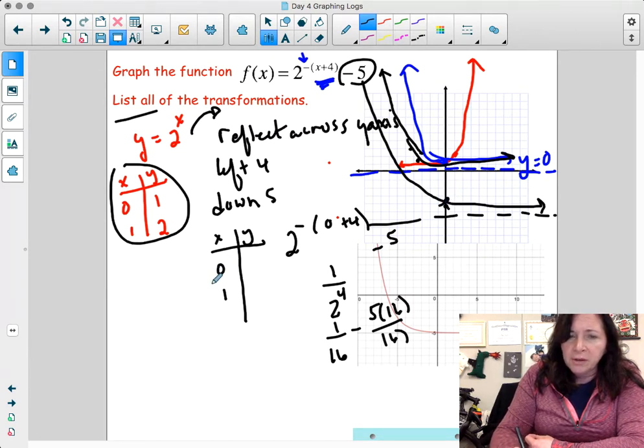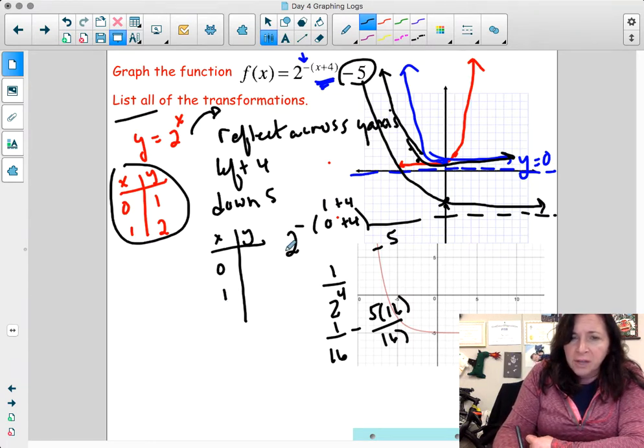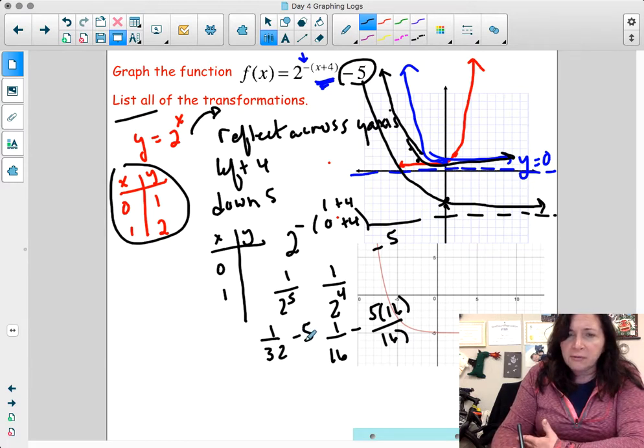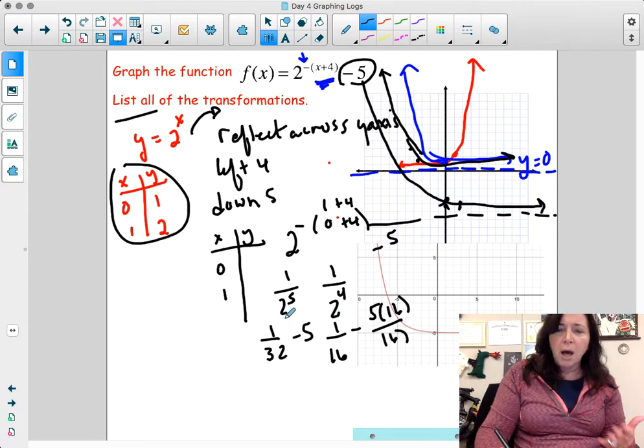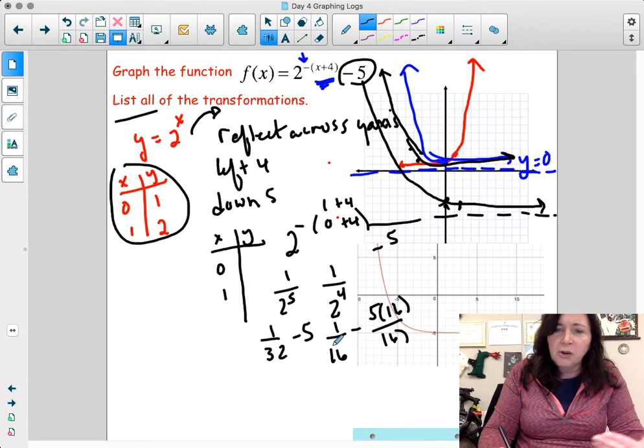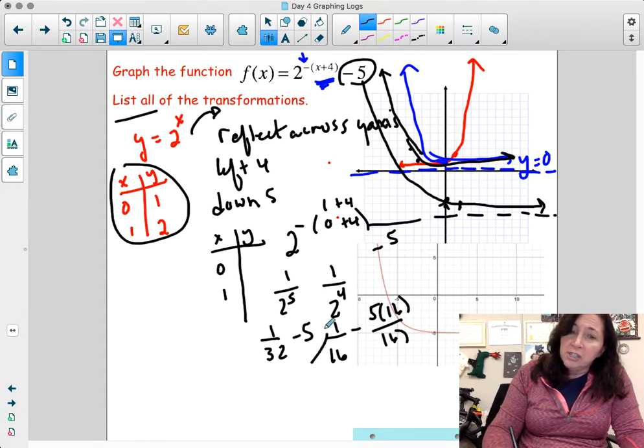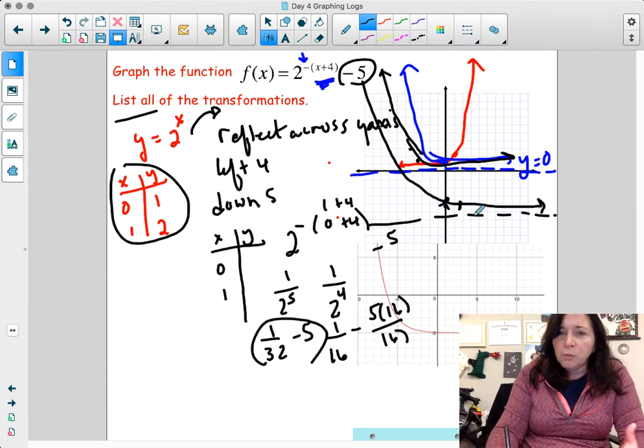And then likewise, if I want to plug in 1, I would go 1 plus 4 is 5. 2 to the negative 5 power is 1 over 2 to the positive 5 power, which is 1 over 32. And then I would take that number and subtract 5. And so that's also going to give me a negative value down here. So you can plot points. I would use my calculator to get actual points.